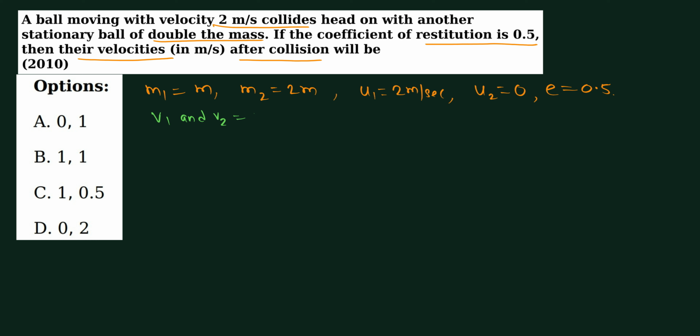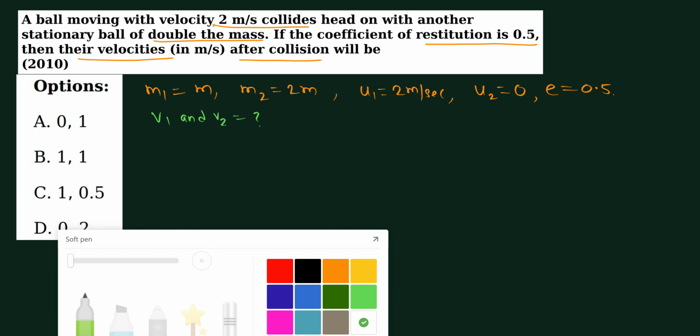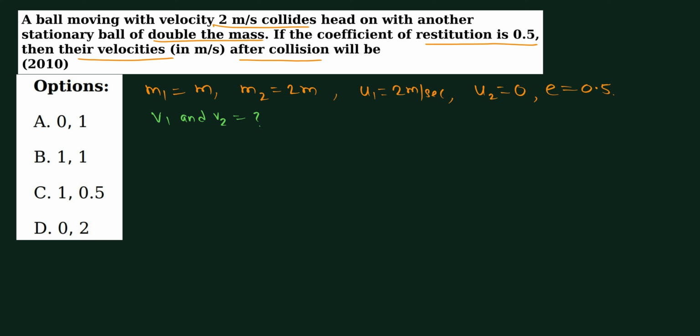Then how do we find v1 and v2? Apply the conservation of linear momentum. Use two formulas. The first formula is m1u1 plus m2u2 equals m1v1 plus m2v2. You will get one equation.